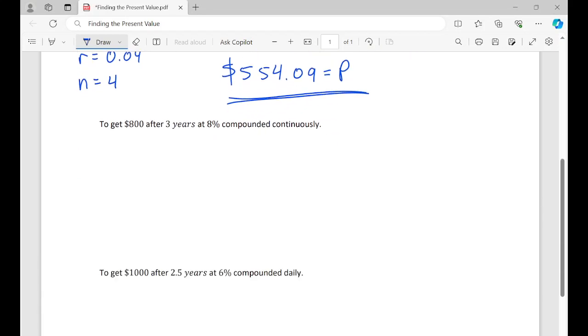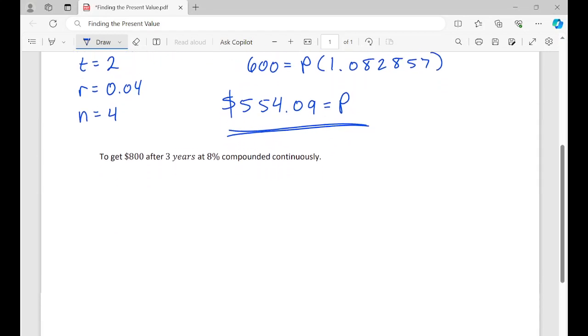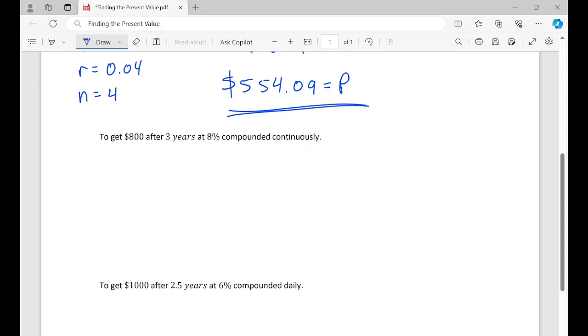Let's do it again. To get $800 after 3 years at 8% compounded continuously. So it says compounded continuously, so that means I'm going to use the compounded continuously formula, Pe to the rt. So let's write out what we know. A of t, our future amount, is $800.